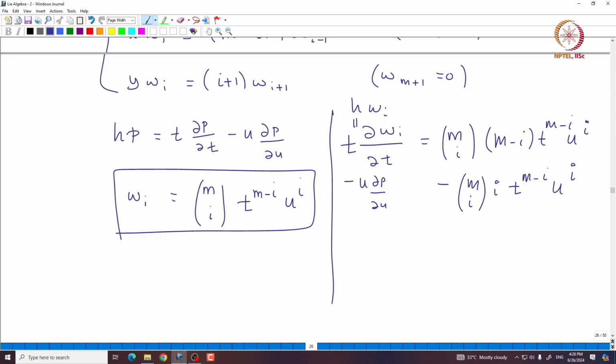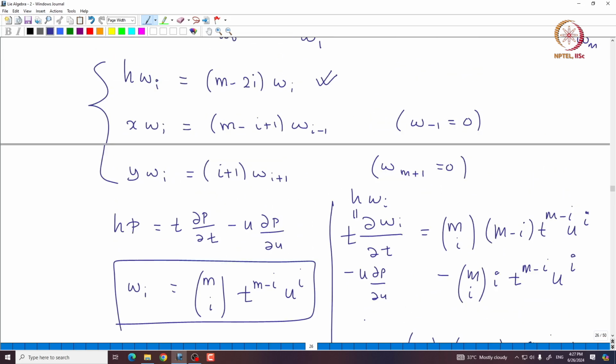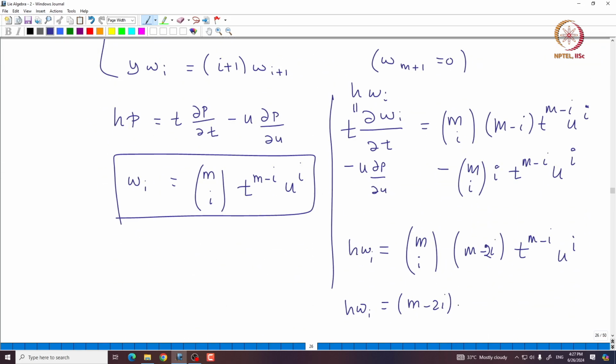Now this gives me h w i equal to m choose i, you take it out, and then this is m minus i minus i, that is m minus 2i, times t power m minus i, u power i. So, that is exactly m minus 2i times w i. So this is what we wanted.